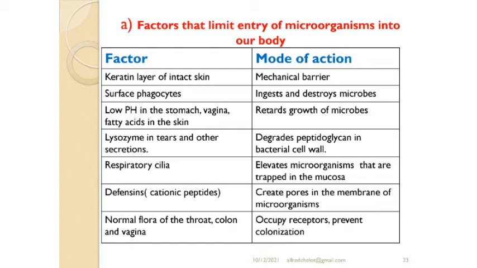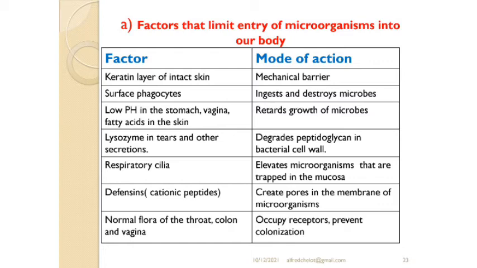So we'll start with the keratin layer of the intact skin. This forms part of the anatomical barrier, and they provide a mechanical barrier to entry of disease-causing agents into the host body. For example, an intact skin prevents entry of microorganisms into the body.